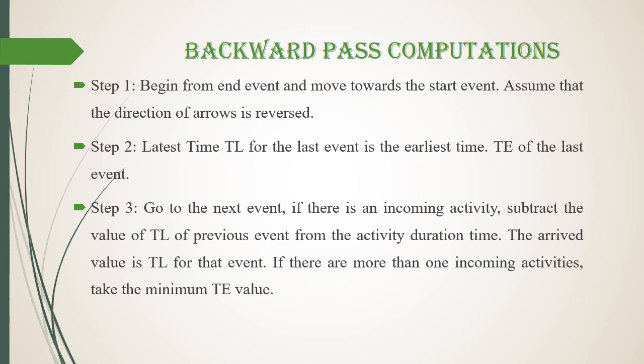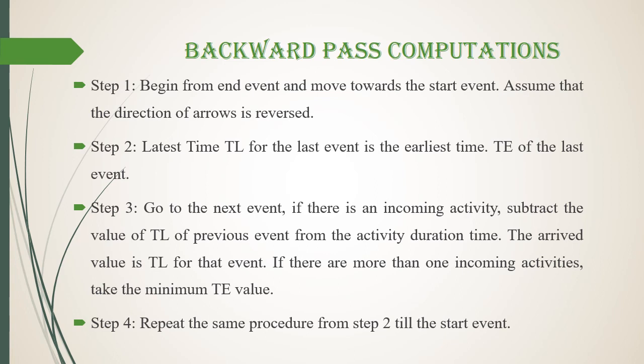The arrived value is TL for that particular event. If there is more than one incoming activity, always take the minimum value. And in step 4, repeat the same procedure from step 2 till the start event.